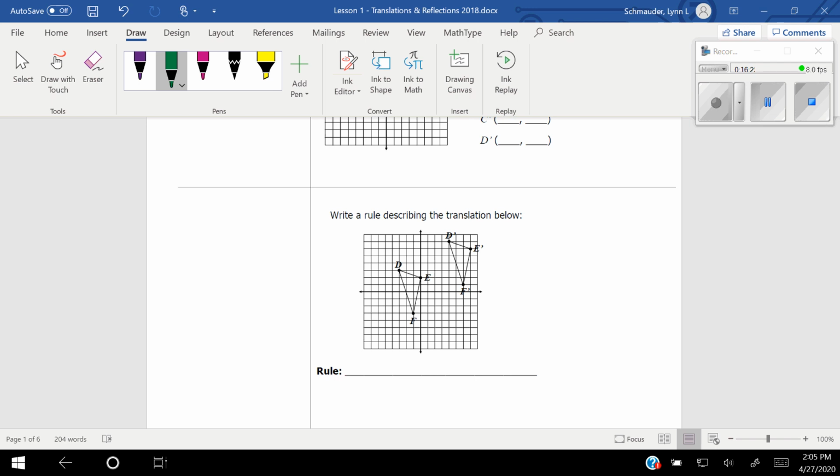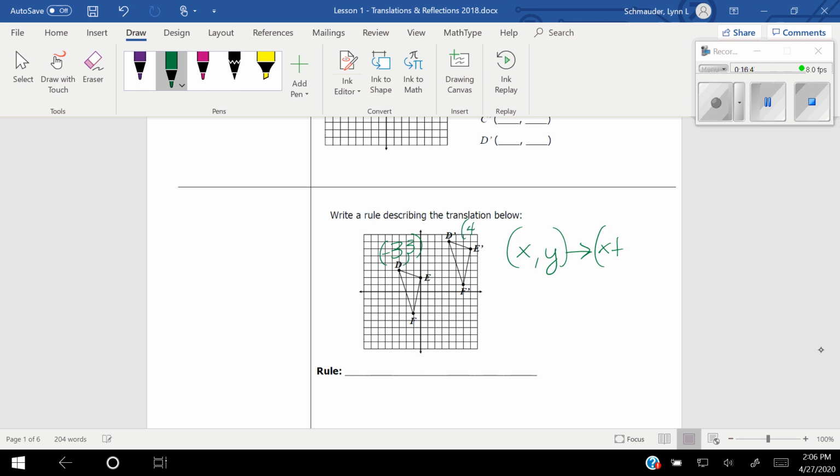Oh, okay. So all we got to do here is we know we're going to the right, so it's going to be x plus, and let's see, D is over here at 1, 2, 3. D is -3, 3. So let's see what D prime is. 1, 2, 3, 4.